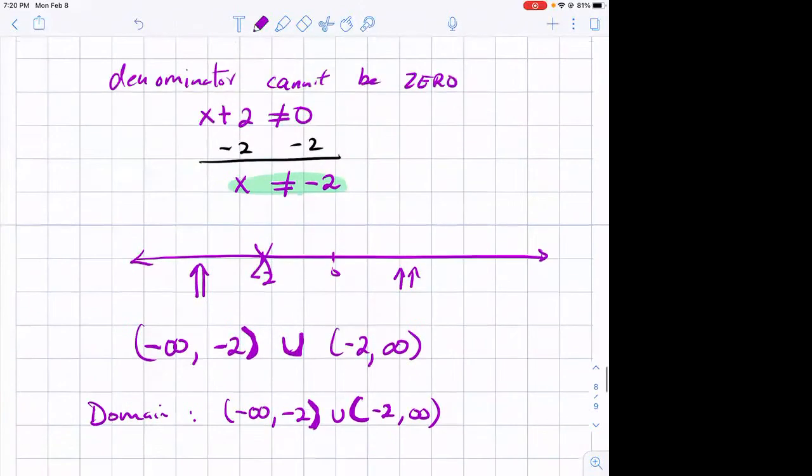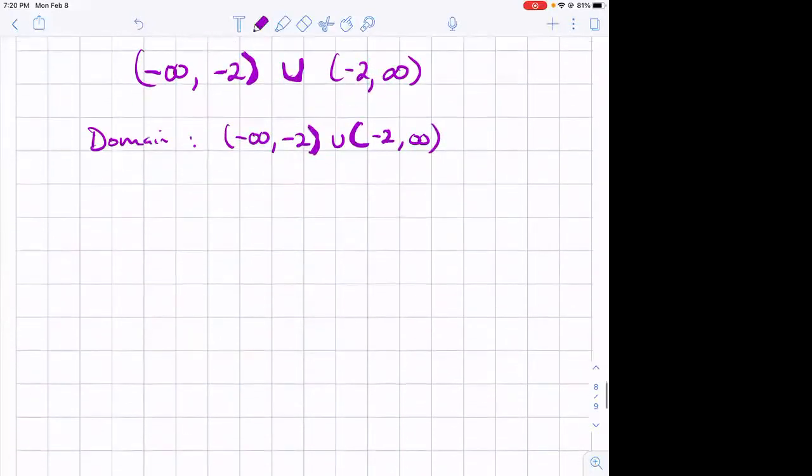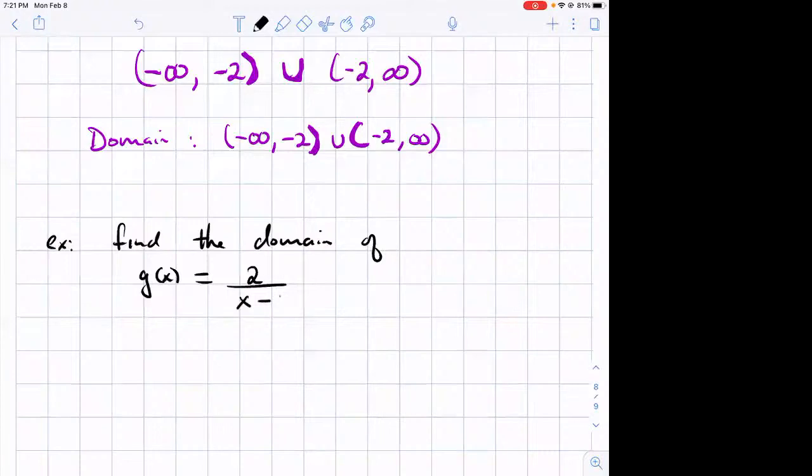Now, how about if we look at another example? Example: find the domain of g of x equals 2 over x minus 1. You probably can look at this and say, well, if x is 1, there's a problem, so x cannot be 1.